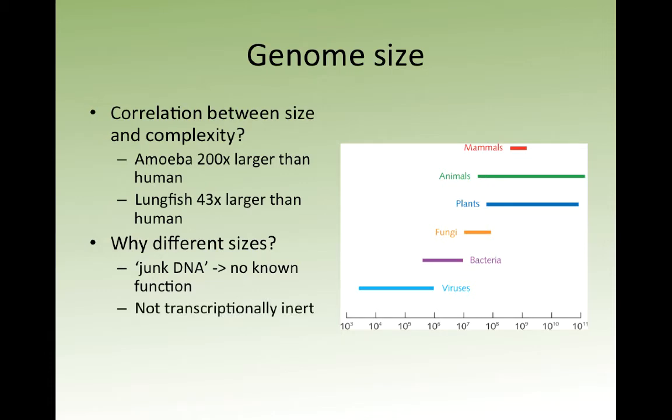What we now know is that the majority of this junk DNA is not transcriptionally inert. It is actually transcribed. Whether or not it's functional after it's transcribed remains a point of contention, one of active investigation. But we have noted that a lot of it is functionally active.